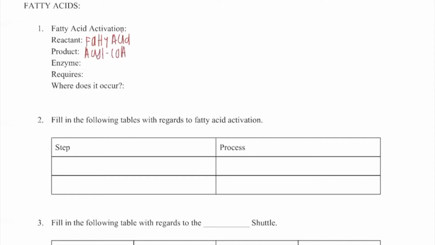And the enzyme required for this is going to be an acyl-CoA synthetase. And in this case, we're going to be requiring 2 ATP or 2 ATP equivalents. And where does this occur? It occurs in the cytoplasm.